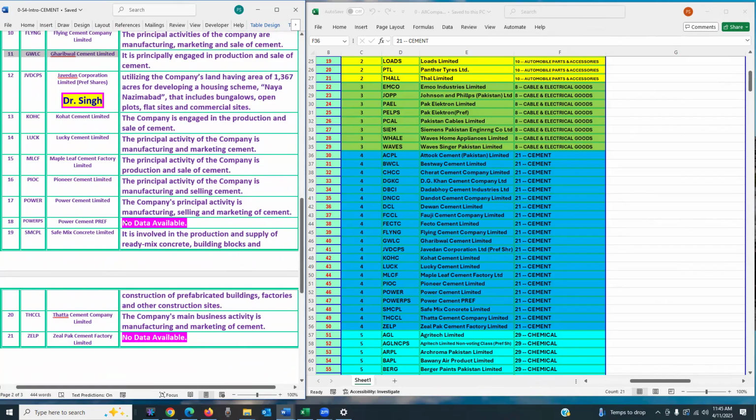Now, no data available basically means, now remember I will mention over here preferred. This is the same company, and look at these two companies over here. It's the same company, okay?